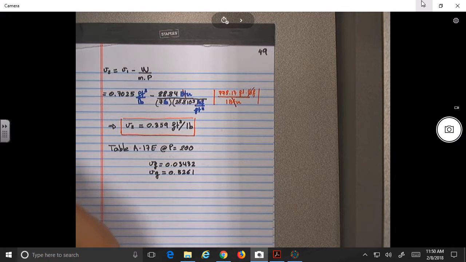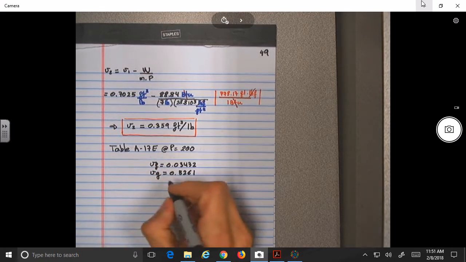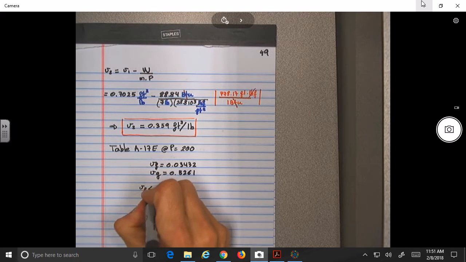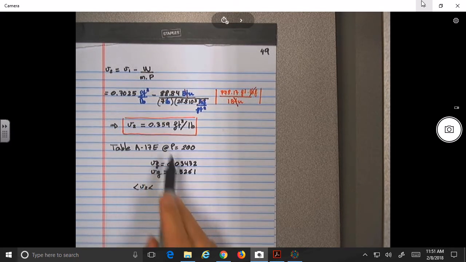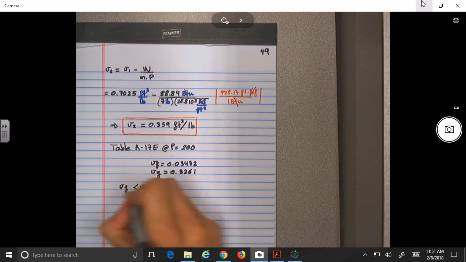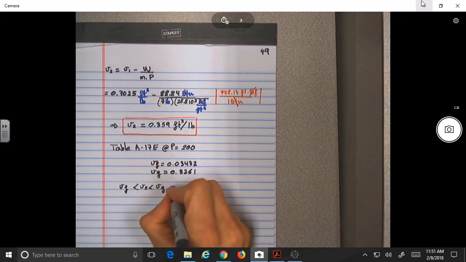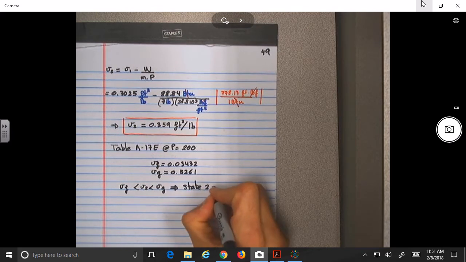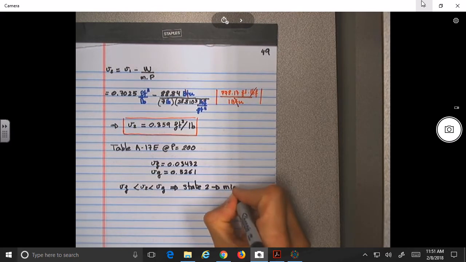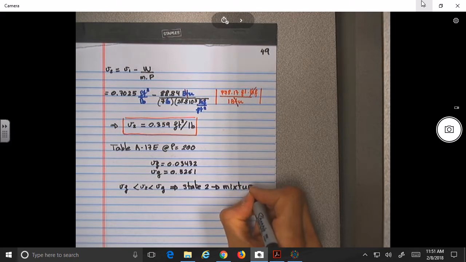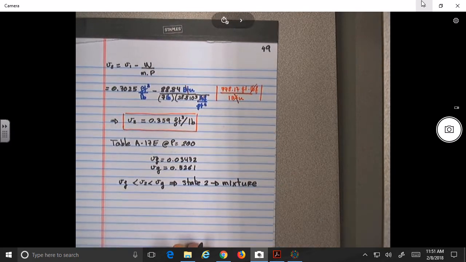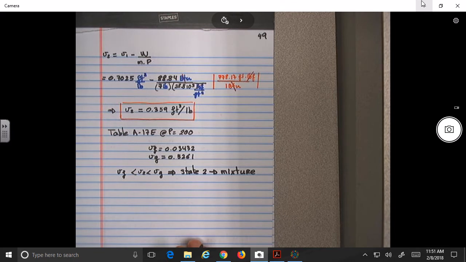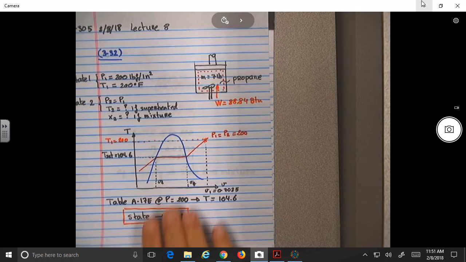Okay, so what do we know? V2 is between those two values, between V fluid and V gas. So state 2 is going to be a mixture.